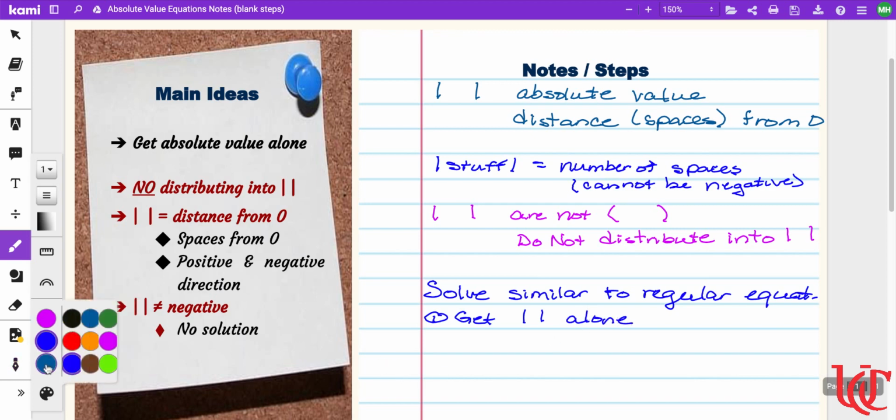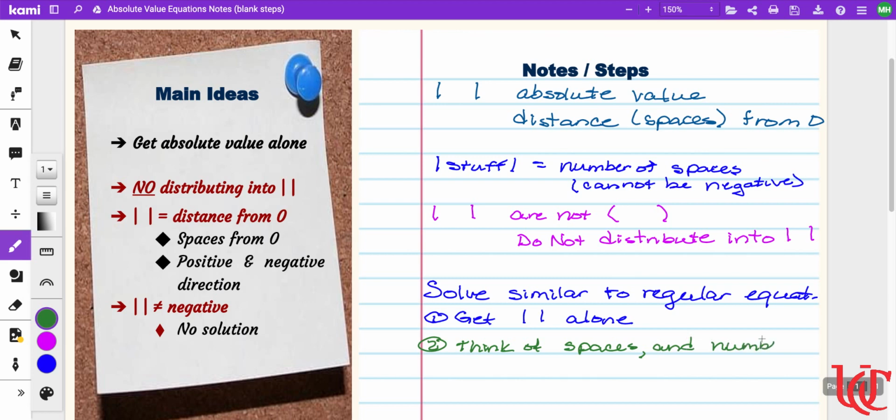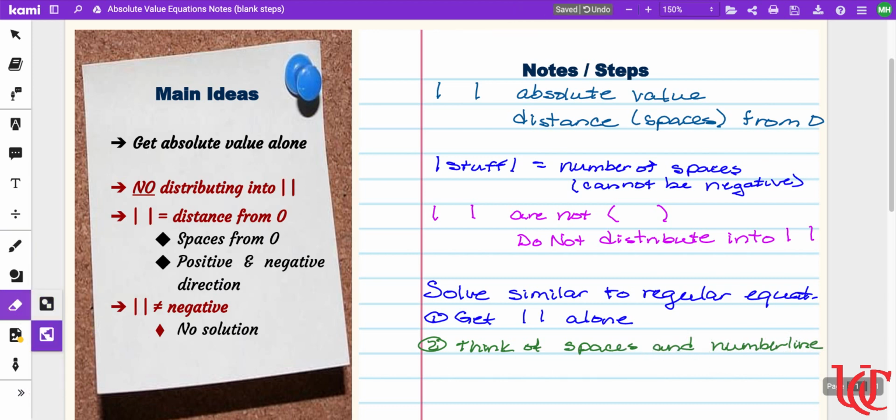And then I like to think of it as making two separate equations. So think of the spaces on the number line.